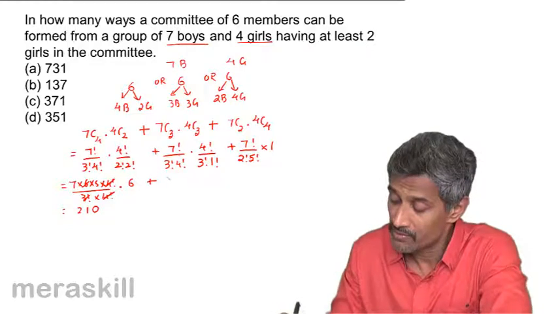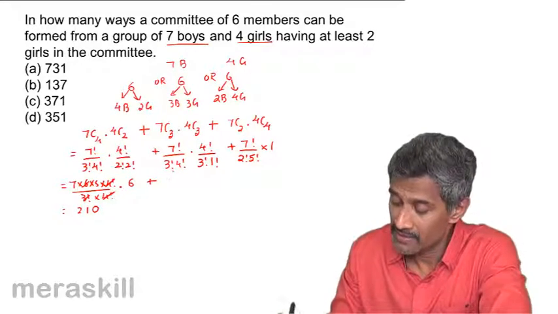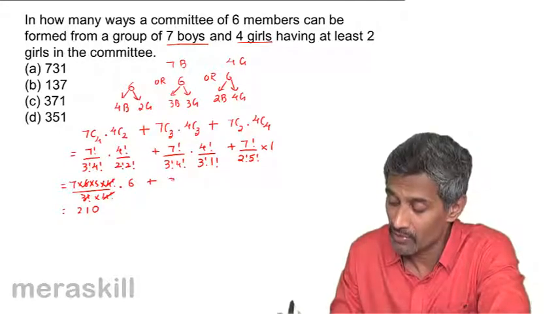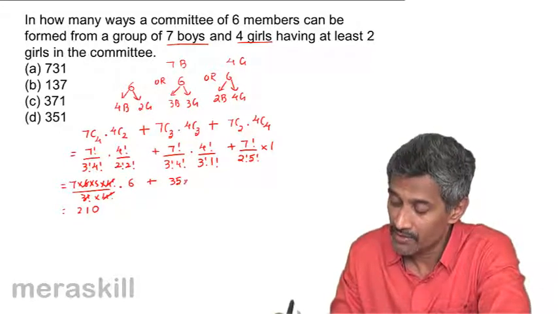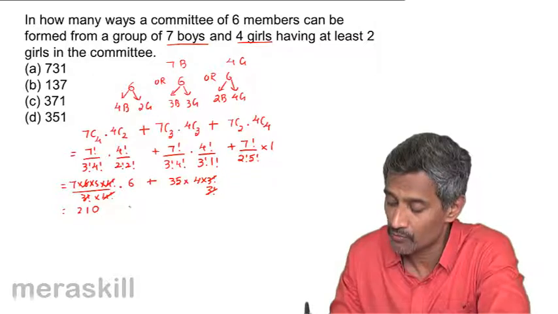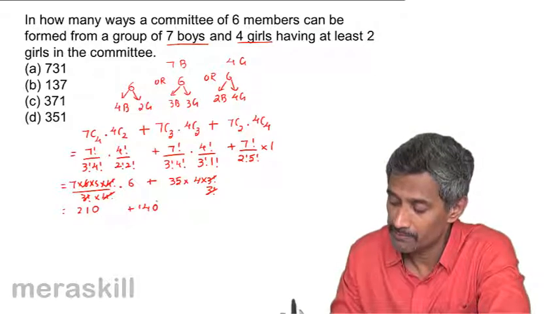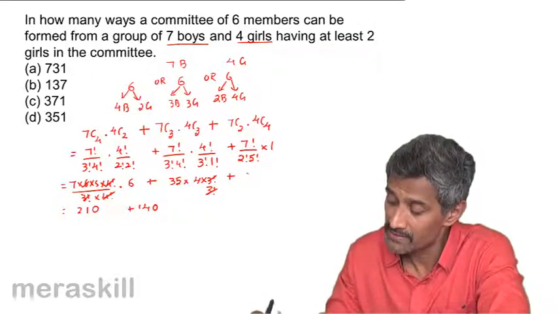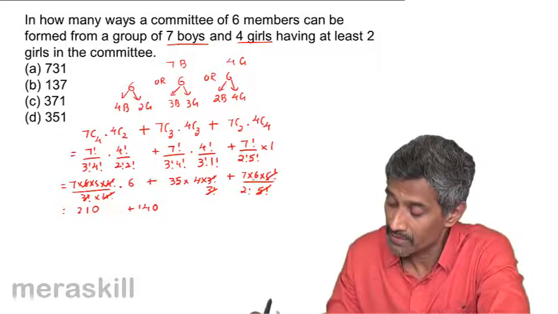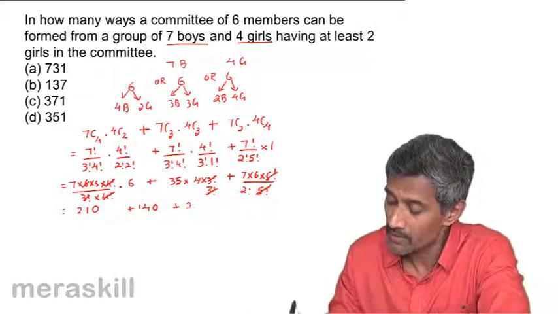Plus, this would be again the same thing, 7 factorial upon 3 factorial into 4 factorial, also 35, into 4 into 3 factorial by 3 factorial, that is 35 into 4, 140, plus 7 into 6 into 5 factorial upon 2 factorial into 5 factorial, that will be 42 by 2, 21.